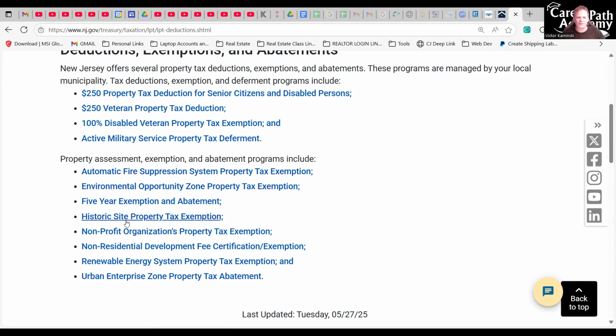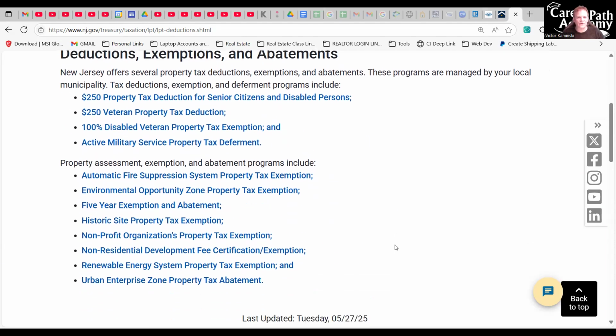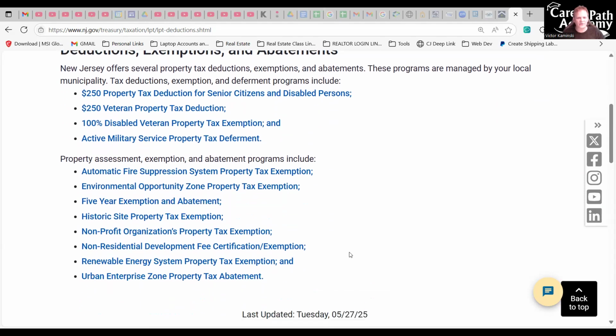I see a couple that they're missing from here that I know of off the top of my head. They're not showing the one for farmland. They're not showing the one for, where is it? New construction. They're not showing a couple of them there. But either way, these are the programs.